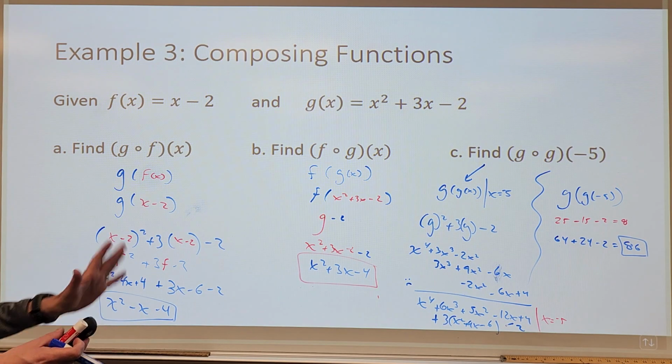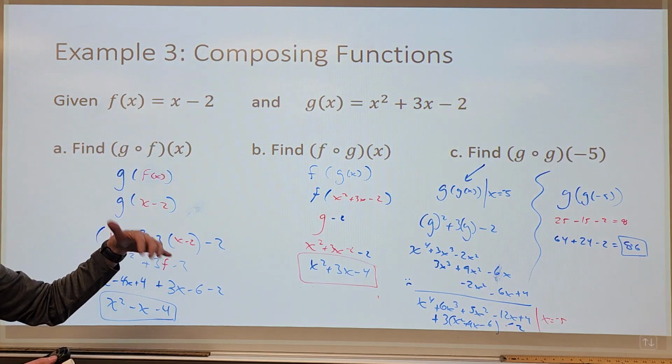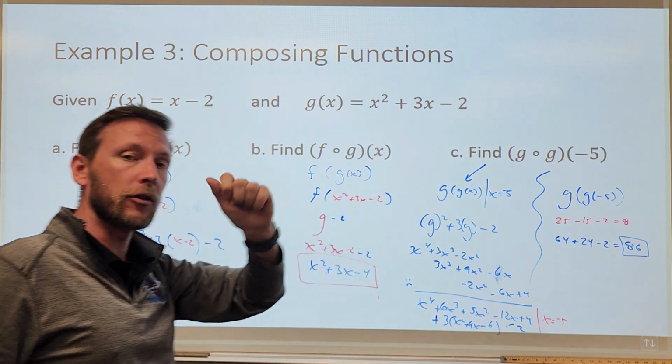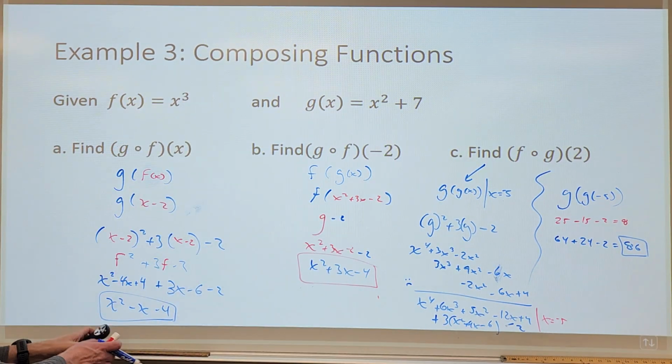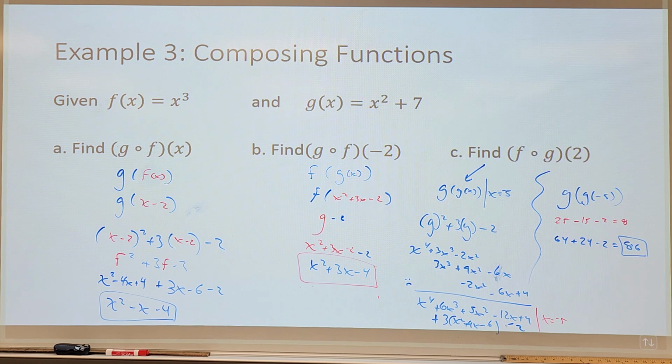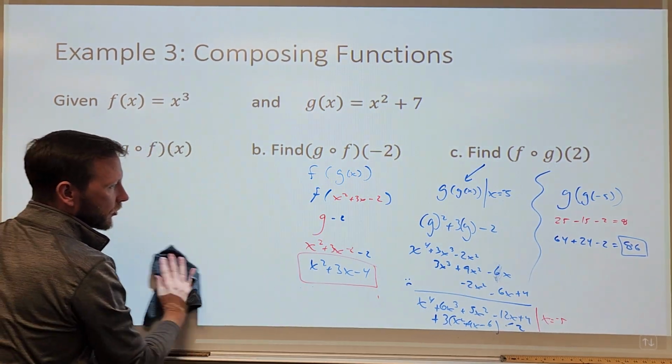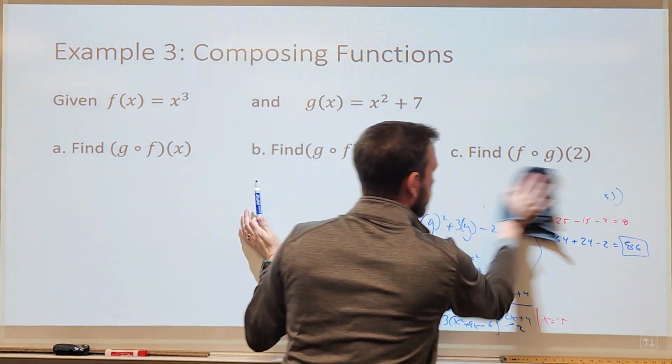So this is compositions of functions, where we are putting a function into another function. If we were evaluating, it might be easier to just evaluate in stride, rather than plugging the function into the function and then computing. Over here, we have these functions of x. We've got f of x and we've got g of x.